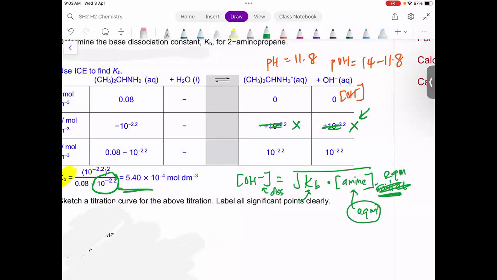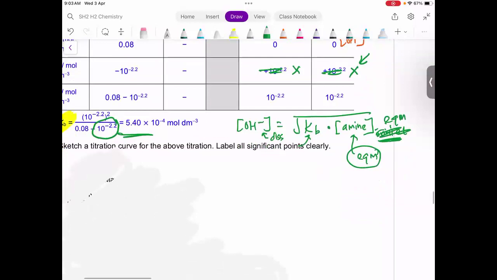It's just how you rearrange. Am I confusing you? It's a matter of whether you are working with initial concentration or concentration at equilibrium. That's all. Any other question?